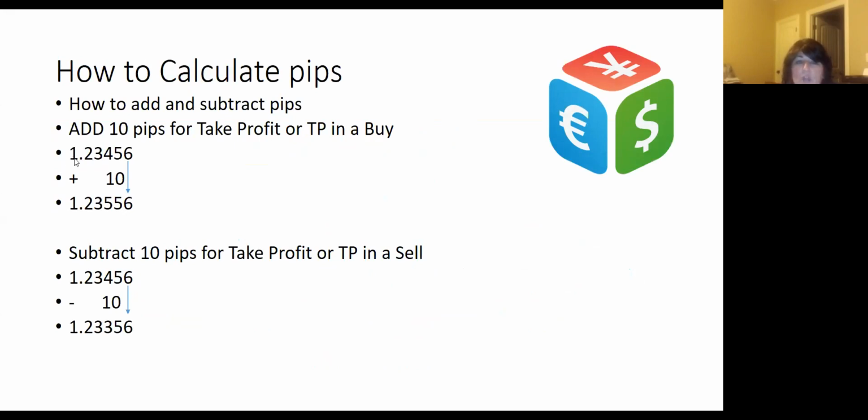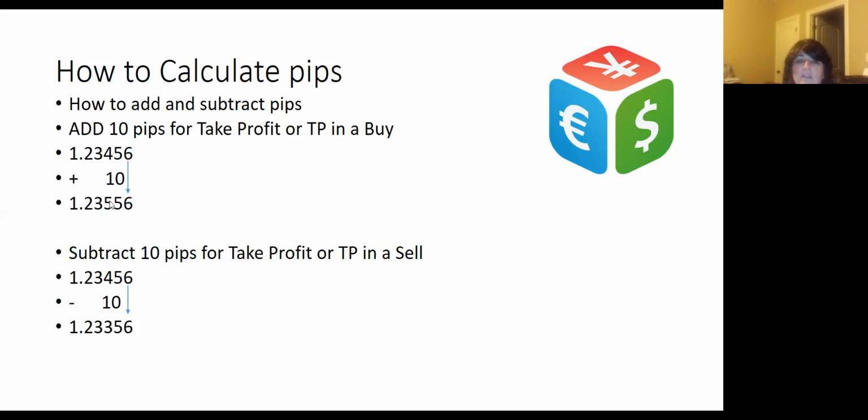So if you go in a buy at 1.23456 and you want to add 10 pips, this is how you're going to do it. You're just going to bring the 6 down, and then you're going to add 10 to the 45, okay? So 5 plus 0 is 5. 4 plus 1 is 5.